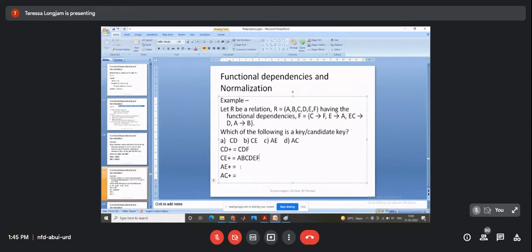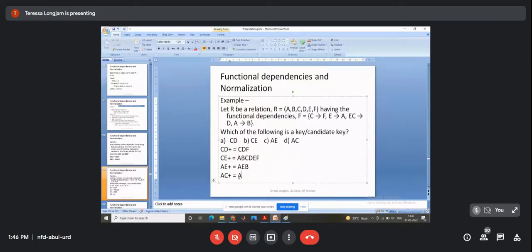What about AE plus? If we got the answer, then we do not need to check the other two remaining, but still let us find it out. AE plus will be A, E, and B. What about AC plus, closure of AC?